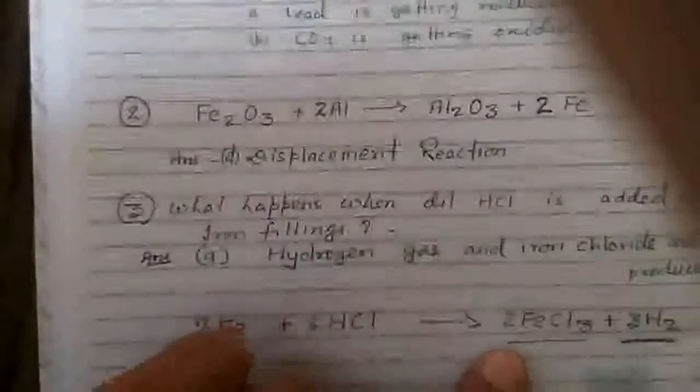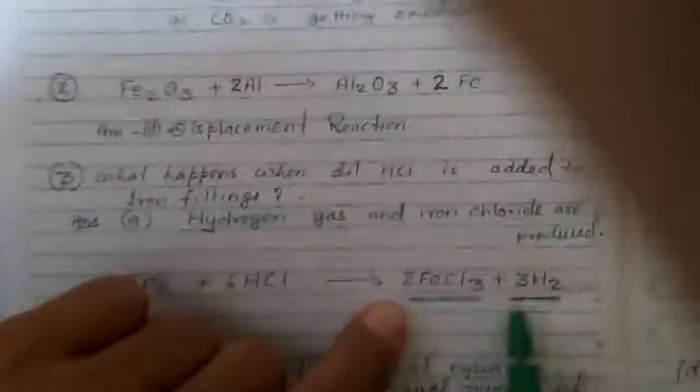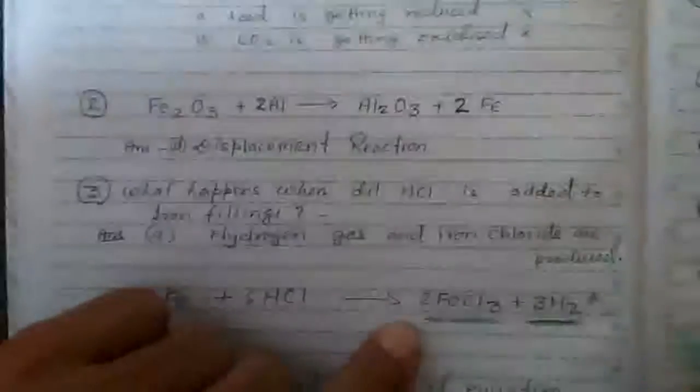When you see the reaction, this one, A, is correct. Iron plus HCl gives ferrous chloride plus hydrogen gas. As we know, any metal reacts with acid to form its metallic salt, and hydrogen gas is commonly released. In this way you can write.